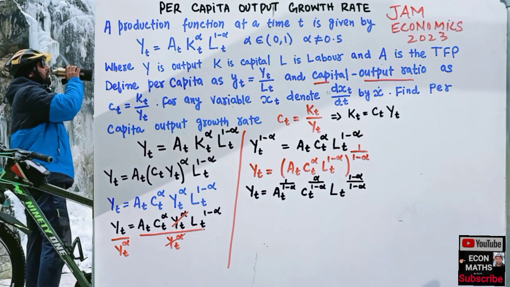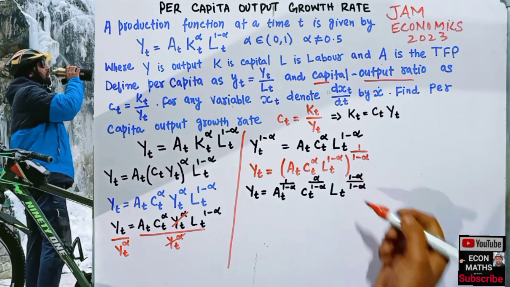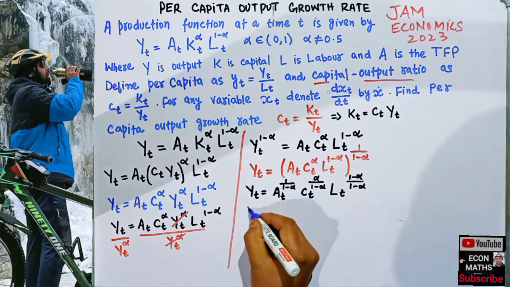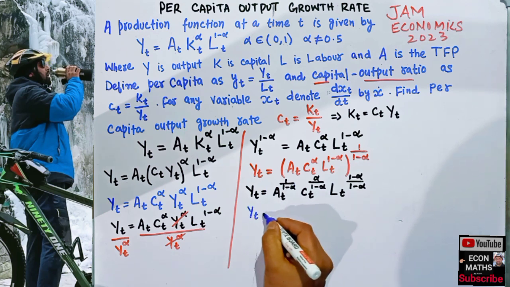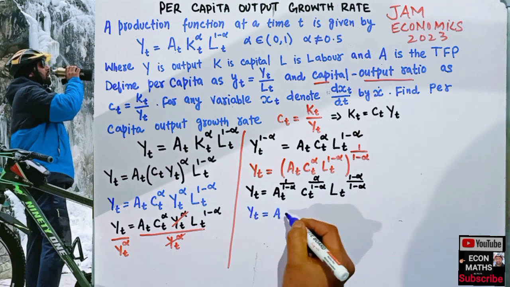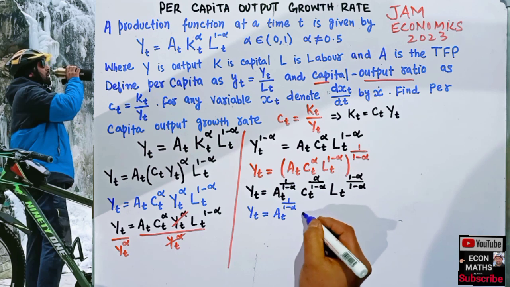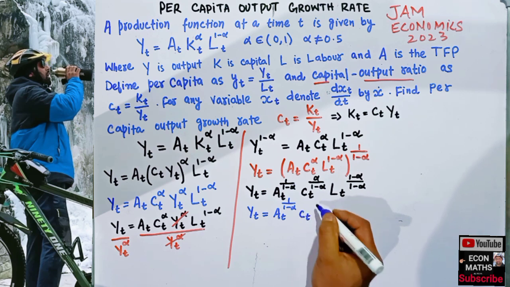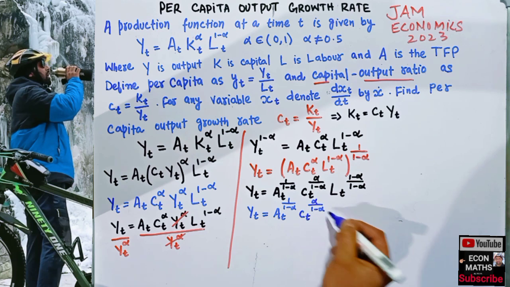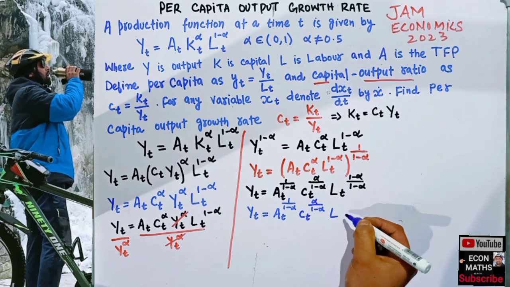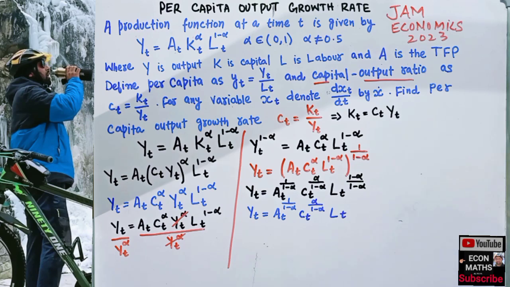So our equation reduces to, this gets cancelled, that means our Y_t is equal to A_t raised to the power 1 upon 1 minus alpha, C_t raised to alpha divided by 1 minus alpha, and here we are left with only L_t.